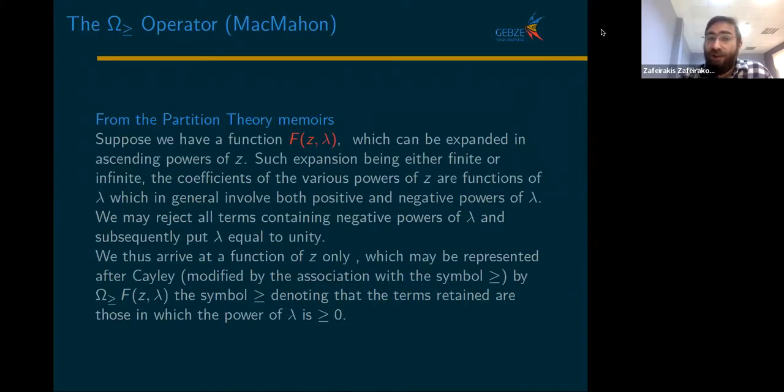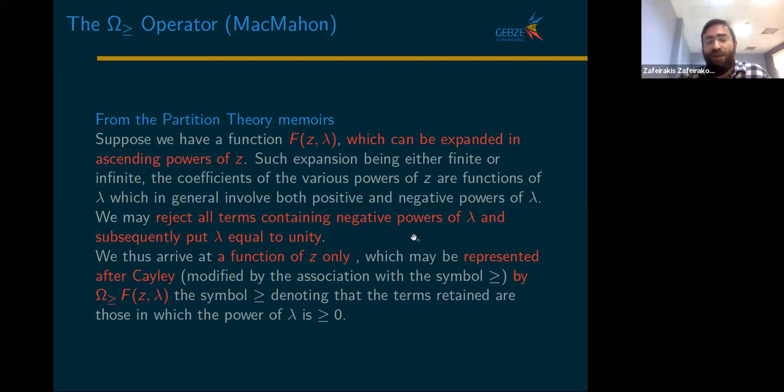In his partition theory memoirs, he says that if we have a function f in two sets of variables, z and lambda, and we expand it in ascending powers of z, then we forget all the terms that contain negative powers of lambda, and we put lambda equal to 1. What we get is a function only in z. We will represent this by omega of f z lambda. Okay, now this sounds not very reasonable, but we will see how he used it.